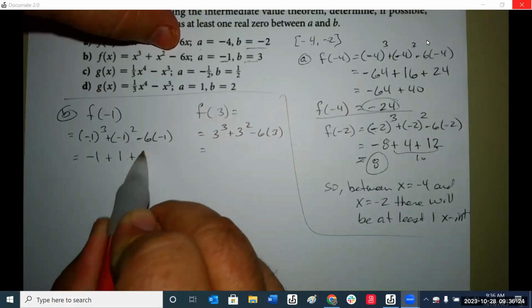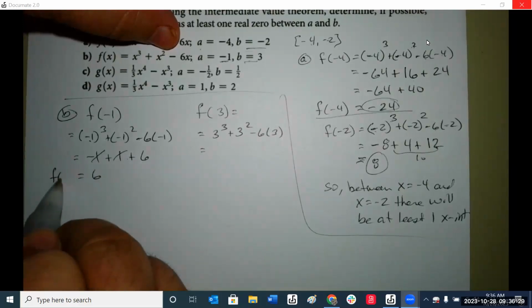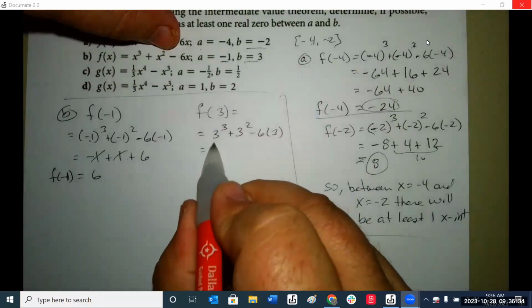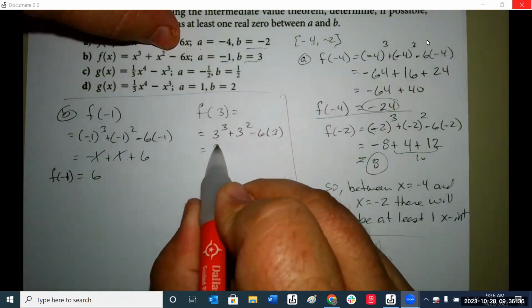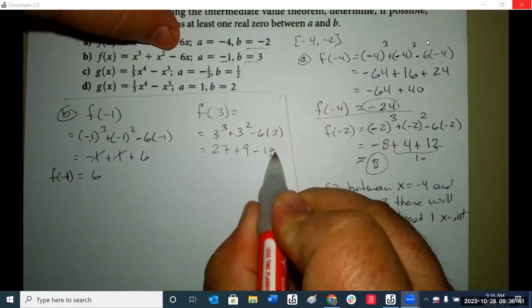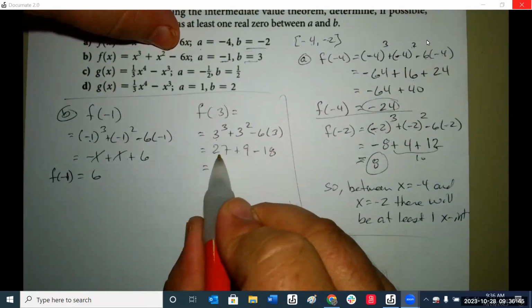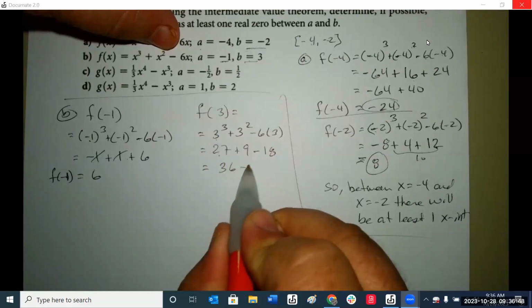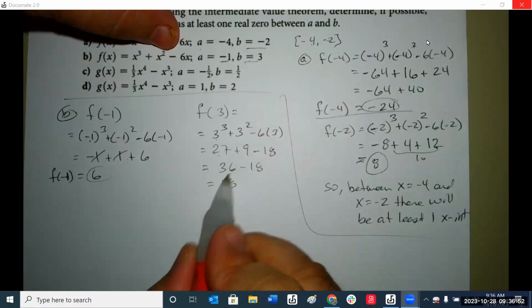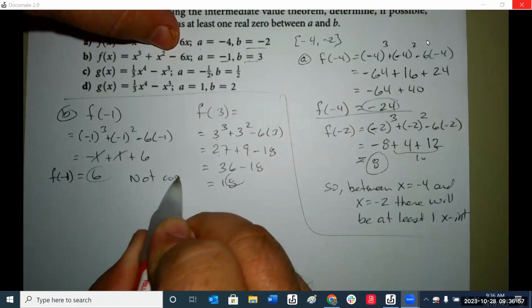Negative, negative is positive 6. So this is a positive 6 at -1. 3 times 3 is 9, times 3 is 27, plus 9, minus 18. 27 plus 9 is 36, minus 18 is 18. They're both positive, so no conclusion.